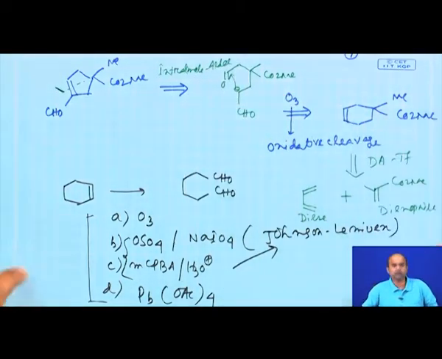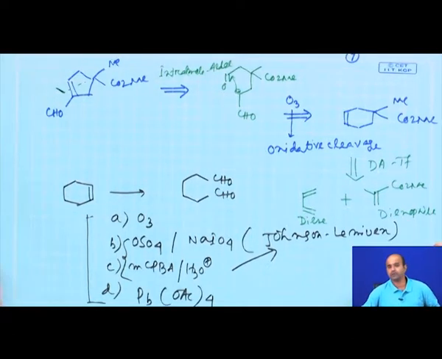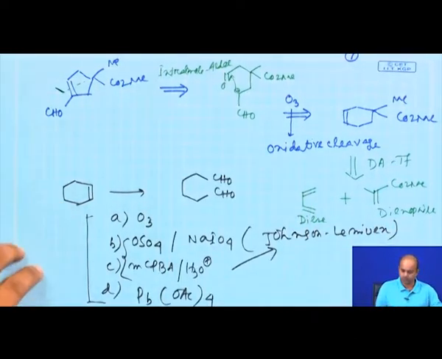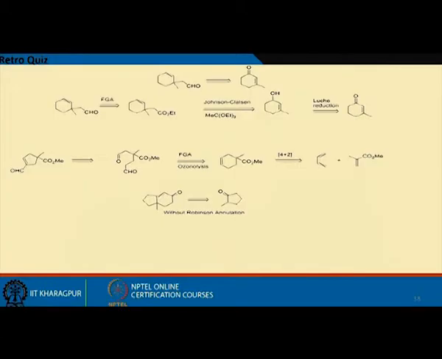So, this was the key synthetic transformation which we will be using to access this molecule, and probably if it is not very difficult, you have to see the molecule first and then you can eventually try to design the pathway which will be suitable for you.